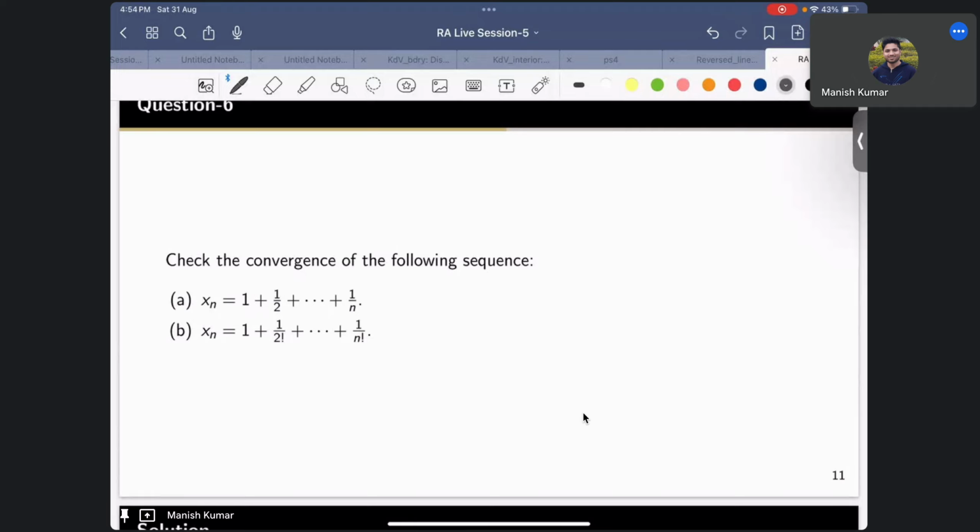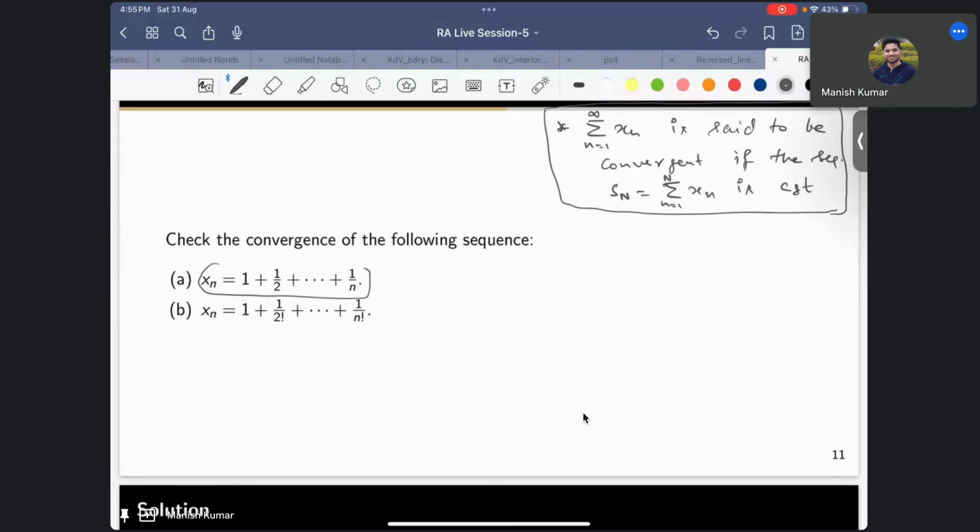So the convergence of a series is nothing but the convergence of a sequence. When you write this series as a sum of partial sums, the convergence of the series is nothing but the convergence of the sequence, right? So over here, if I want to write it in this notation, let me write it as an and this as xn. Then I think it would be fine. Just a second. So k equal to 1.